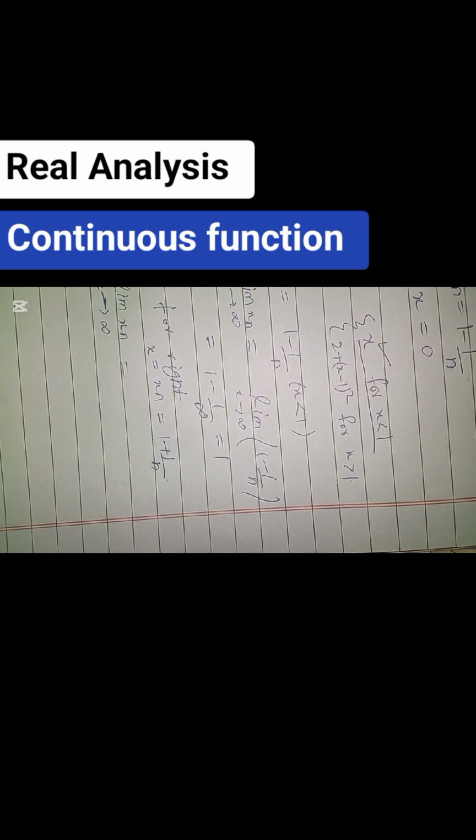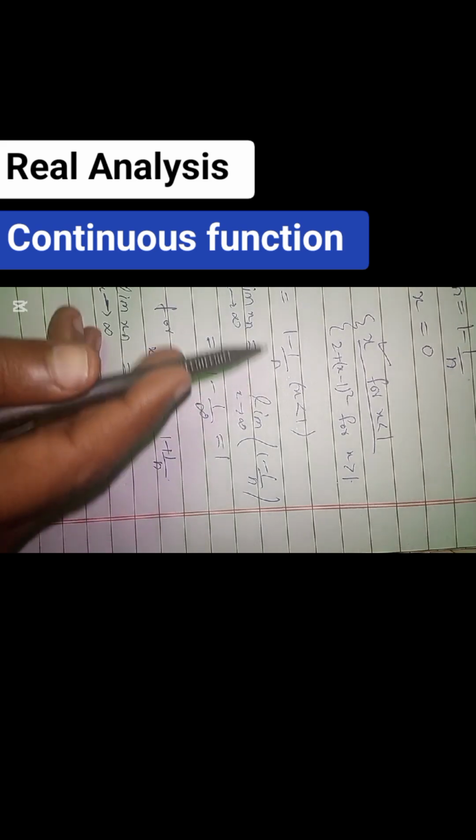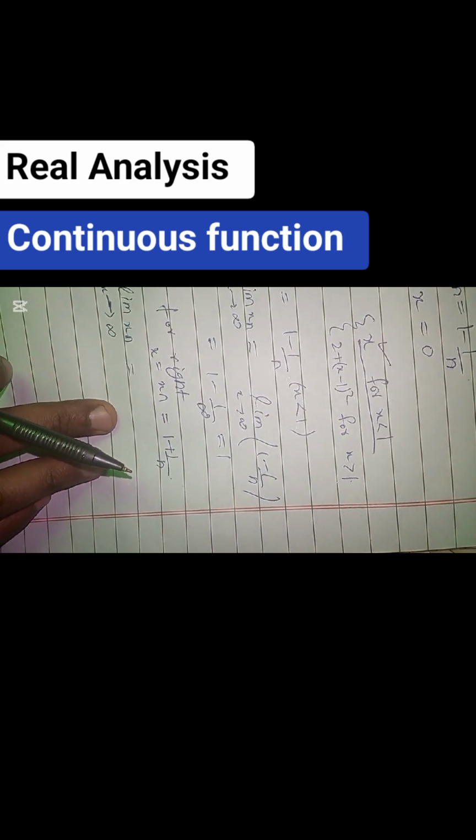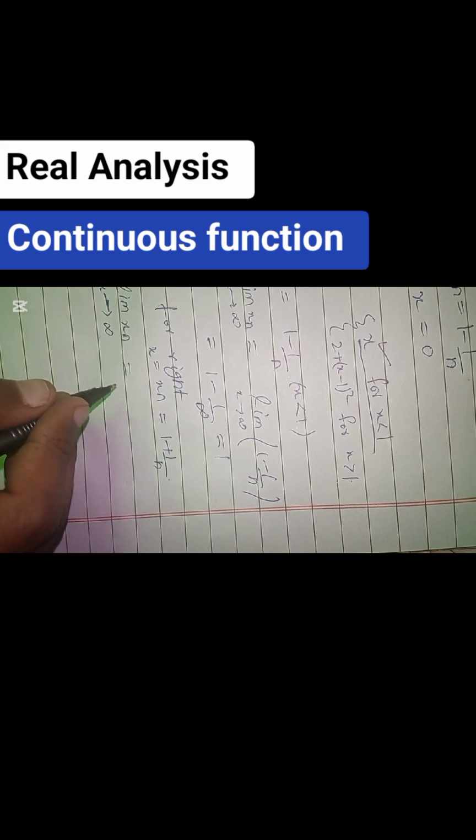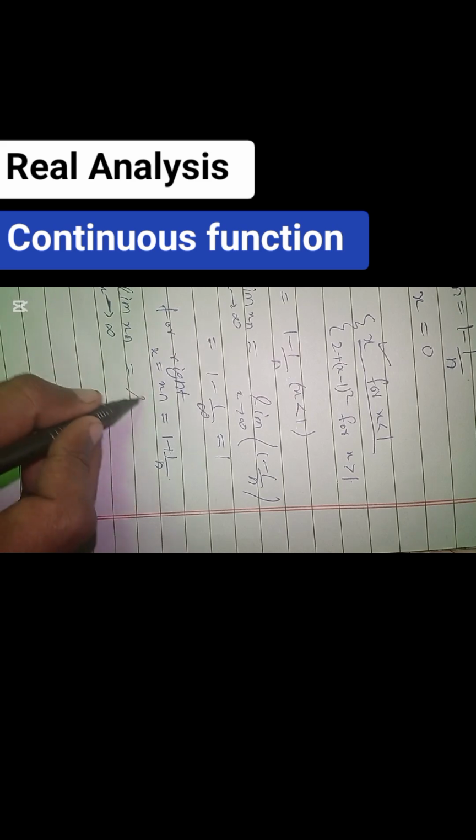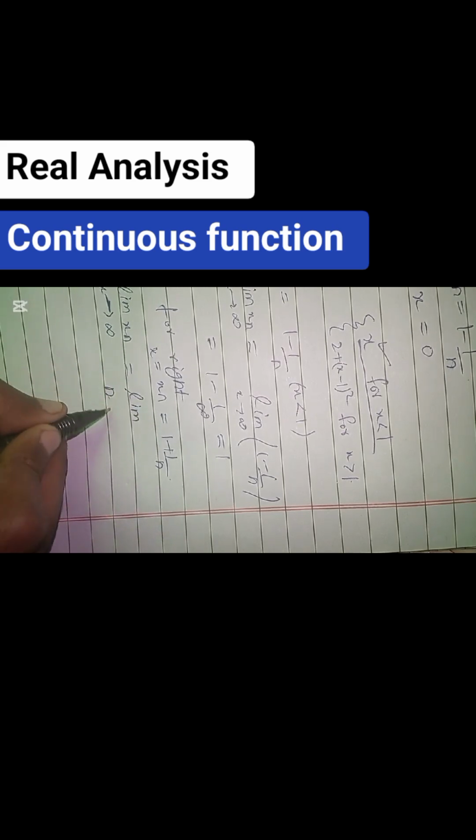We are putting that value in the function. We have checked the left limit in the first function, then we are going to check the second limit in the first function. This will be the limit of 1 + 1/n, and this will be 1 + 0, which is 1.